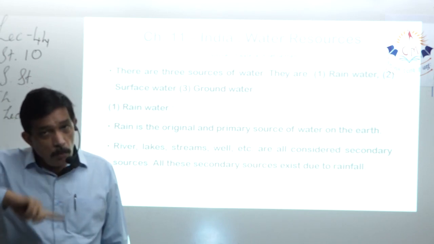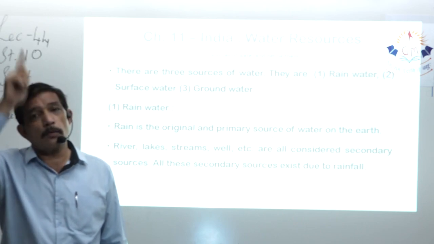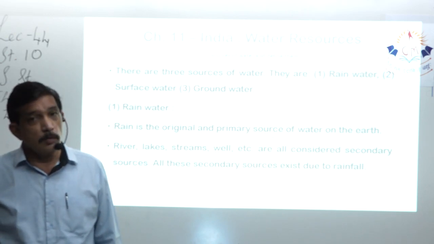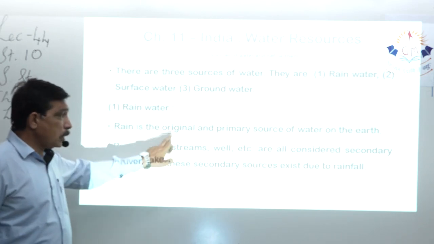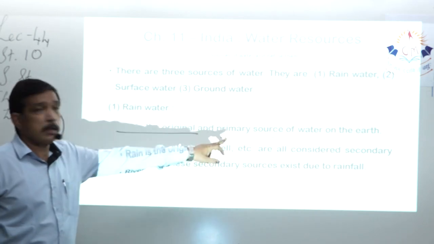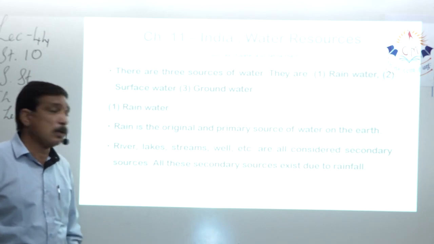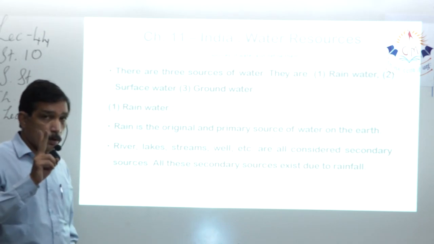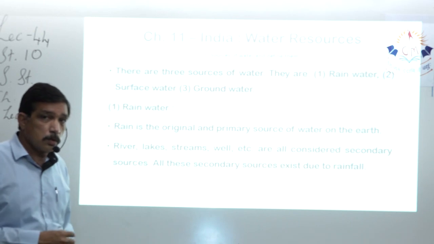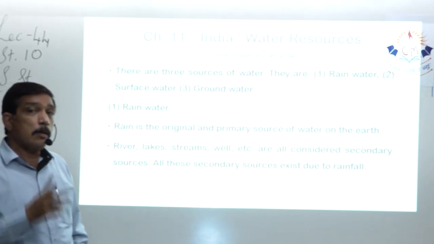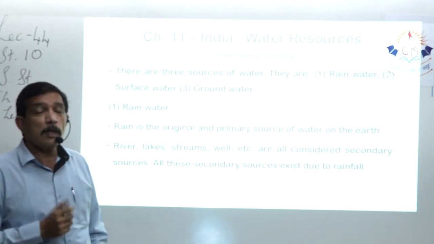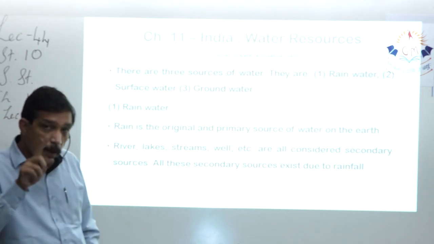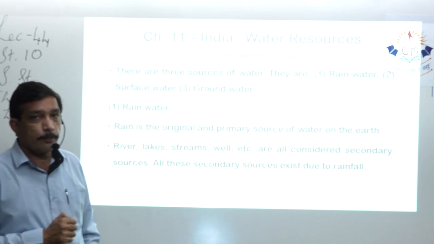So for groundwater also, the original source of water will be rainwater. That makes rainwater not only original, but the primary source of water on the earth. So two things: rain is the original source of water, rain is the primary source of water. That means the other two, surface water and groundwater, will become secondary sources of water.